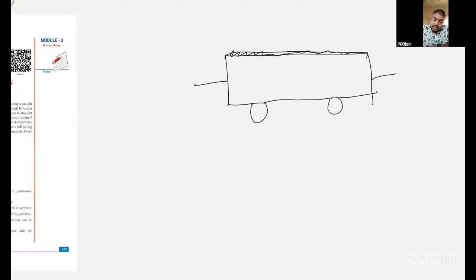Now, for example, this is a big window, and in this window two men, A and B, are sitting in front of each other. And a third man, C, is standing outside the station. The train is moving towards the left side, like this.